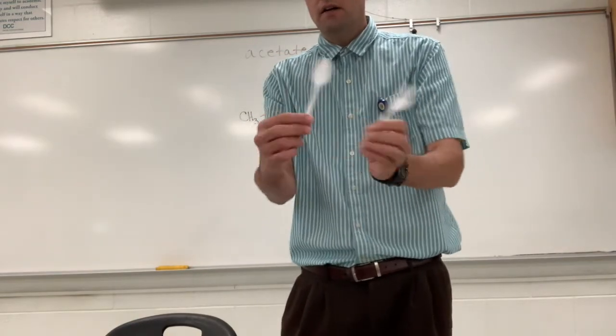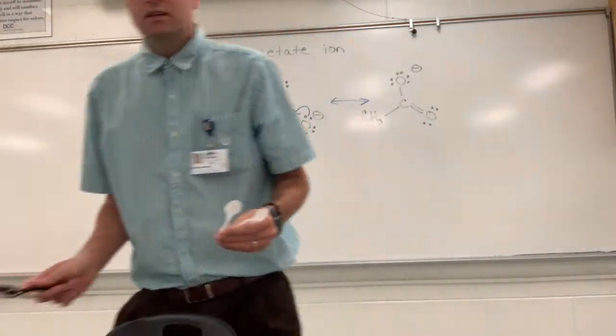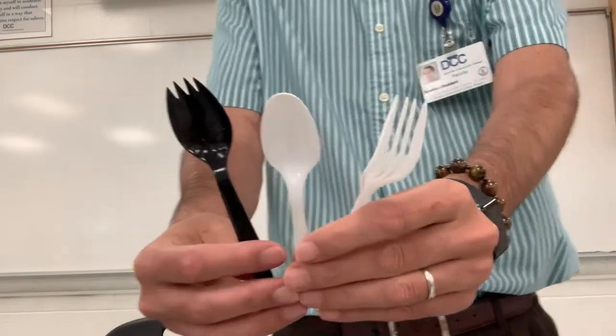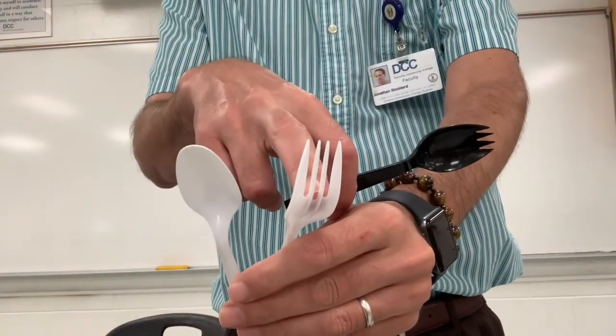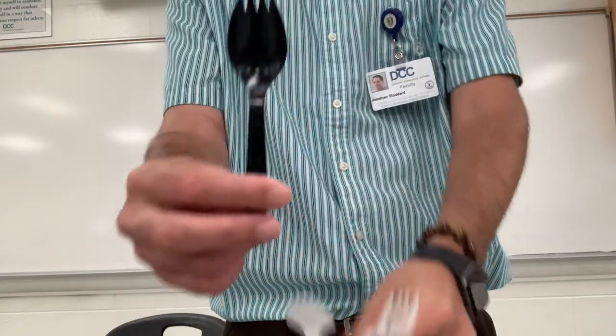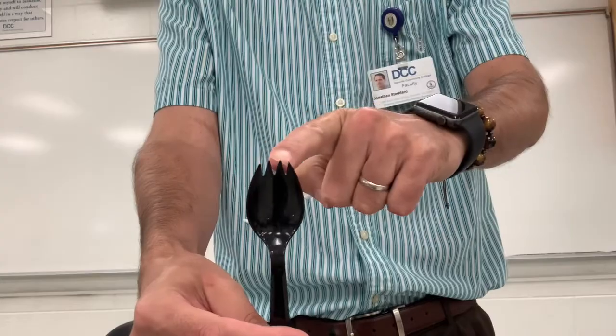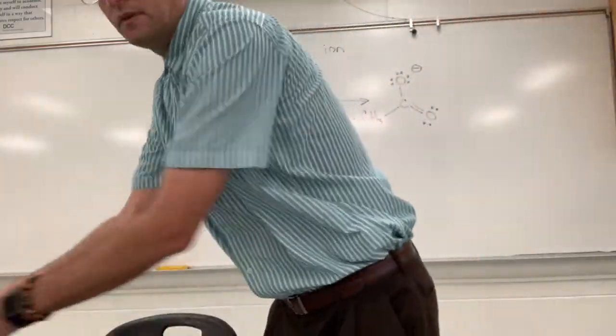You know, if you merge these two structures and average them, then it would be a spork, right? So this could be a resonance structure, this could be a resonance structure, these could each contribute to the overall resonance hybrid, and the real resonance hybrid is going to have characteristics in between the two extremes.